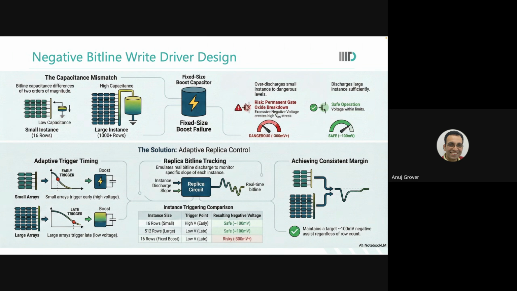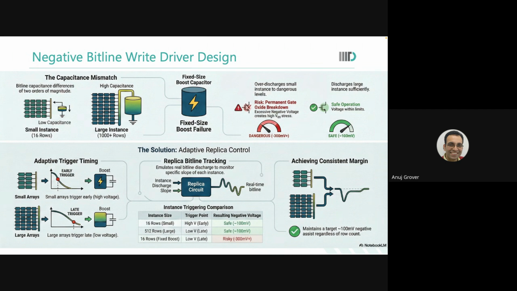So we realized that it is not easy to design a negative bitline write driver. And to be able to do that, we need to take an extra step. And we talked of something that we called a replica bitline, which would emulate the behavior of the actual bitline. And when the replica bitline has discharged to a desired level, we would trigger the negative bitline activation circuitry.